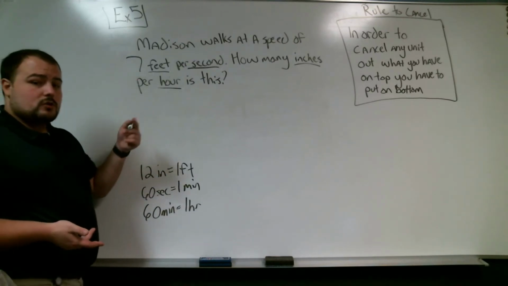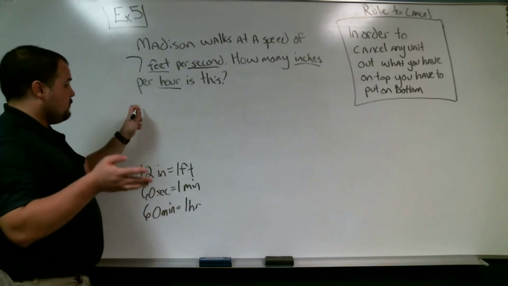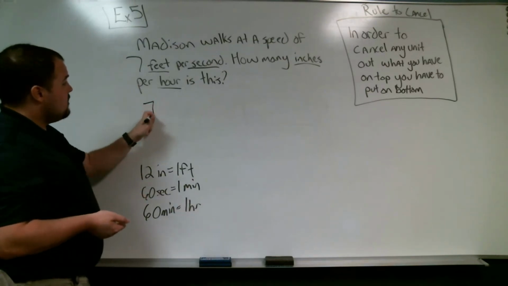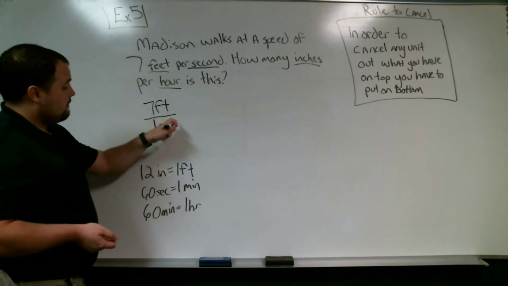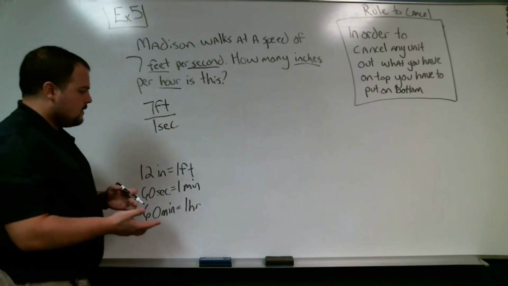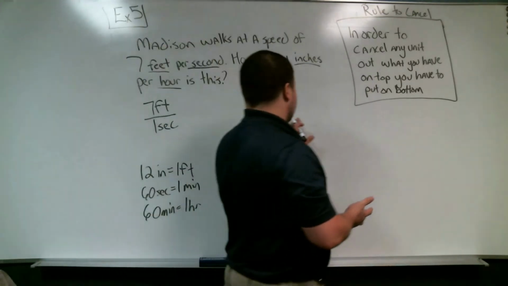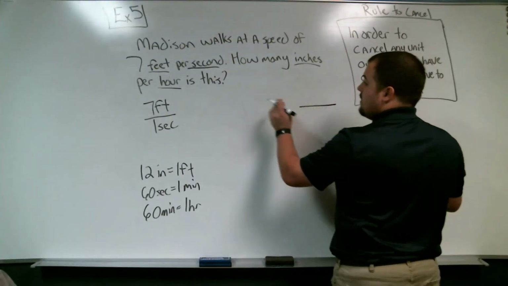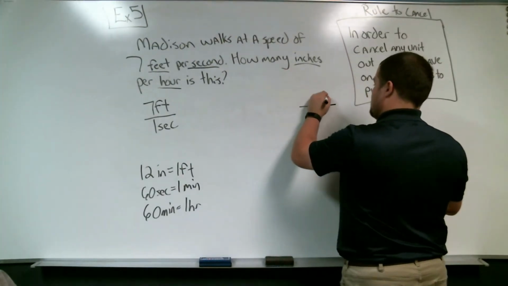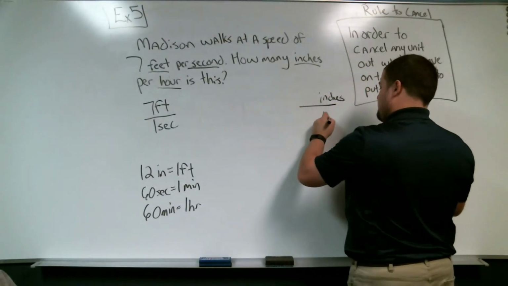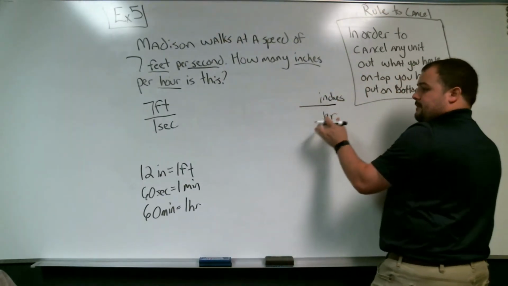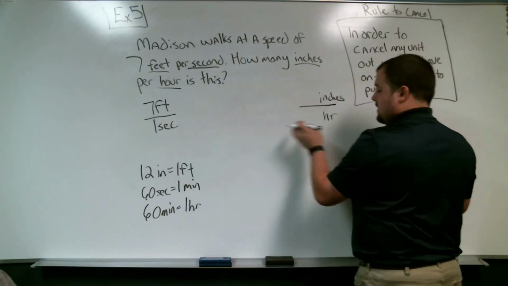So we go back to our original problem. We're going to write this like a rate. We know that Madison walks 7 feet in 1 second, or per second. Our job is all the way down here to figure out how many inches she goes in an hour. So we need to go from feet to inches, seconds to hour.